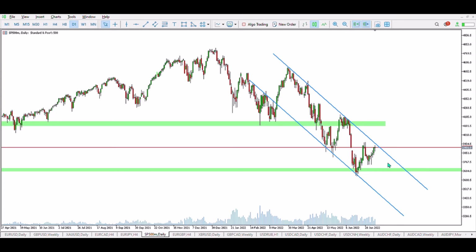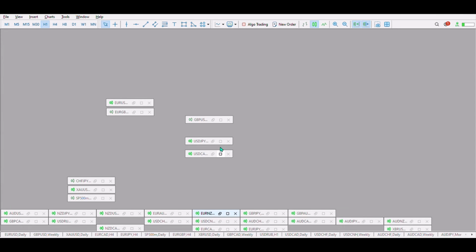If we are looking for a bullish setup, then probably here we will break the resistance, get back to these previous highs, and here it would be best to wait for some sort of head and shoulders reversal pattern. This is about this chart, guys, and let me see something else.